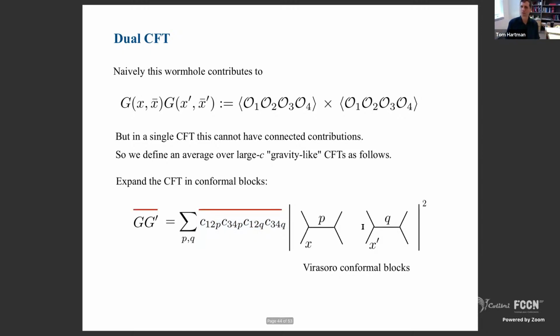But now what I want to do is define an average. So to define an average over CFTs, what we need to do is specify the statistics of the OPE coefficients and spectrum appearing in this spectral decomposition of the 4-point function. So to define an average, I need to tell you the statistics that calculates this CCCC on the right.